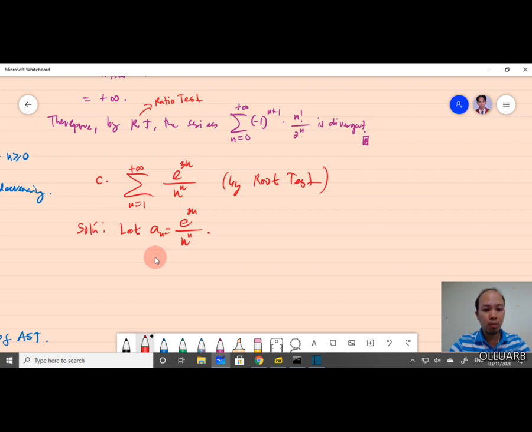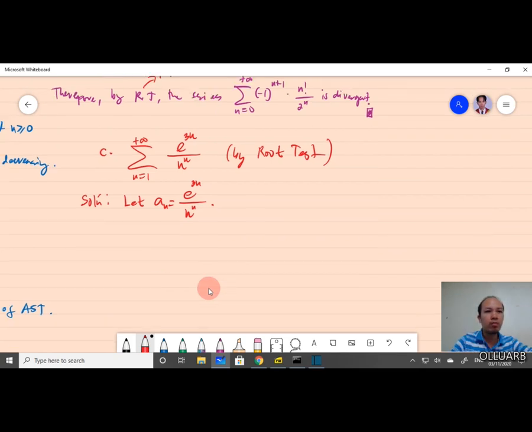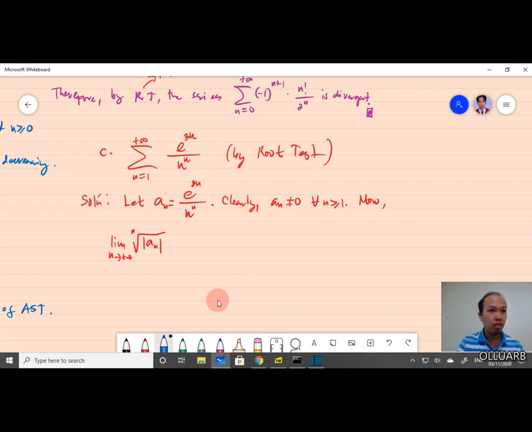So let's pause for a moment. Clearly, a sub n is non-zero for all n greater than or equal to 1. So now take the limit of the nth root of the absolute value of a sub n as n approaches infinity.